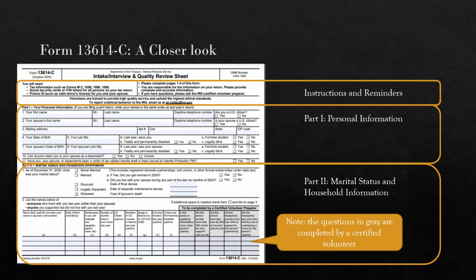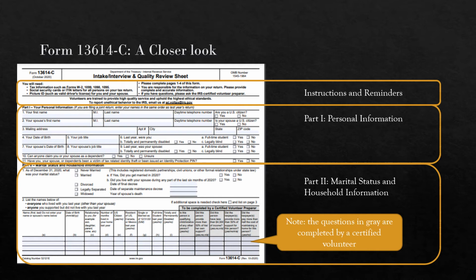So our first section here is just some instructions and reminders. And that's for the taxpayer if they are filling that out on their own. I do want you to note that there again is that email address that we discussed in our Volunteer Standards of Conduct course, where now we're not just encouraging other volunteers to report unethical action, we are also encouraging our clients to do so as well.